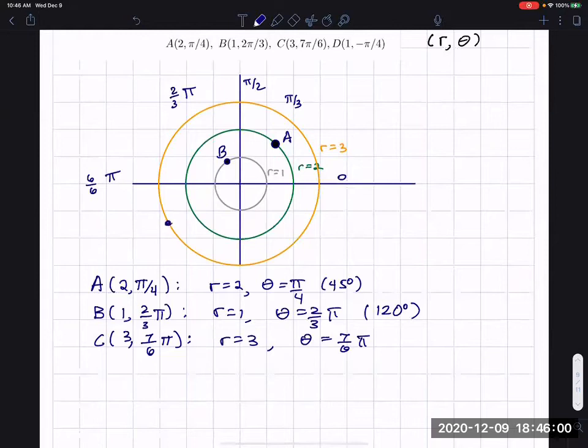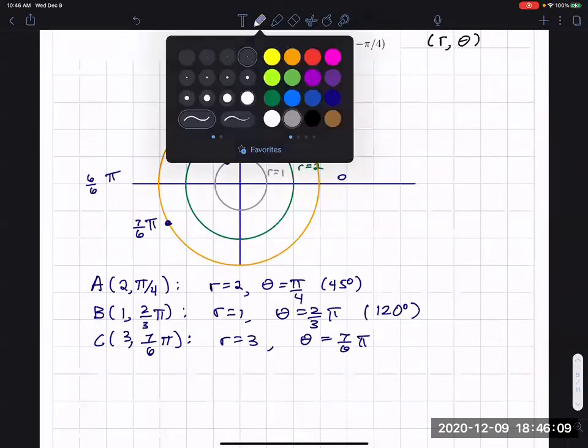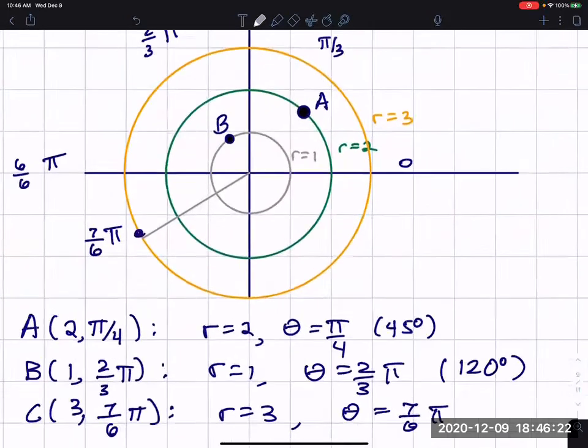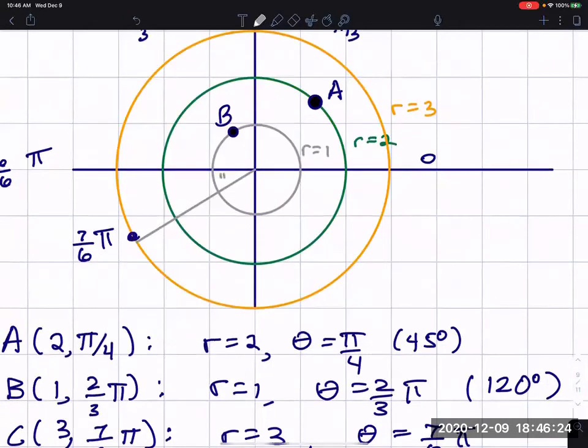So what's going on is that our reference angle, let me do a lighter color, that reference angle there is pi over 6, or 30 degrees.